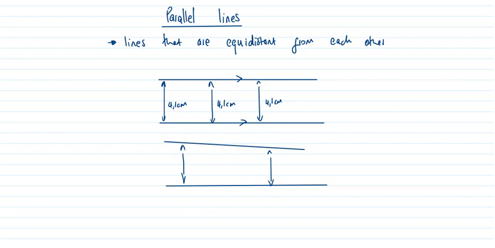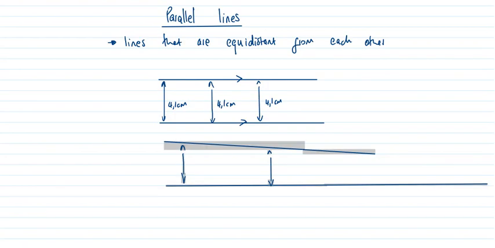Because if I continue this line, at some point it's going to meet with this horizontal line. Trust me, they are going to meet, just that maybe I didn't draw it nicely enough.